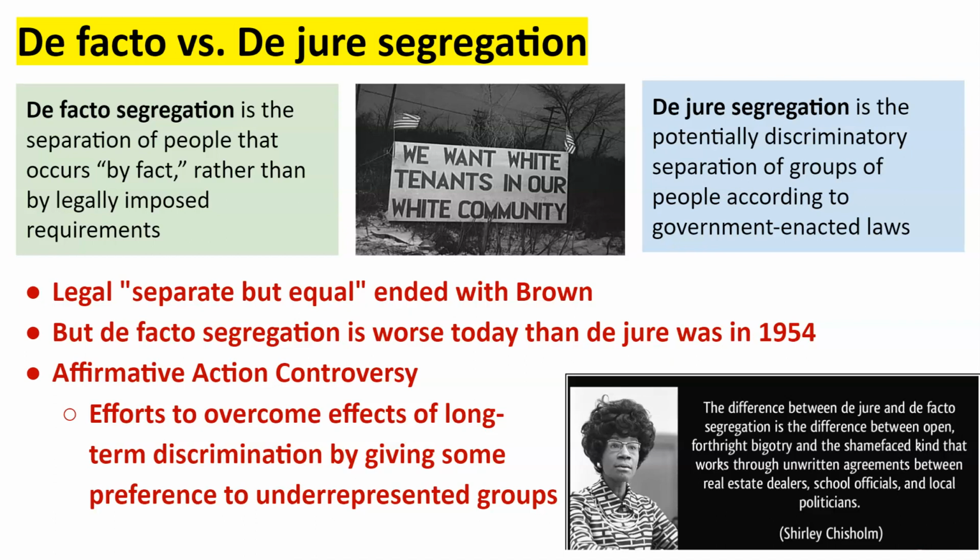De facto segregation is what's actually happening in real life, versus de jure segregation, which is the judicial system essentially stepping in to rule those segregation laws unconstitutional.